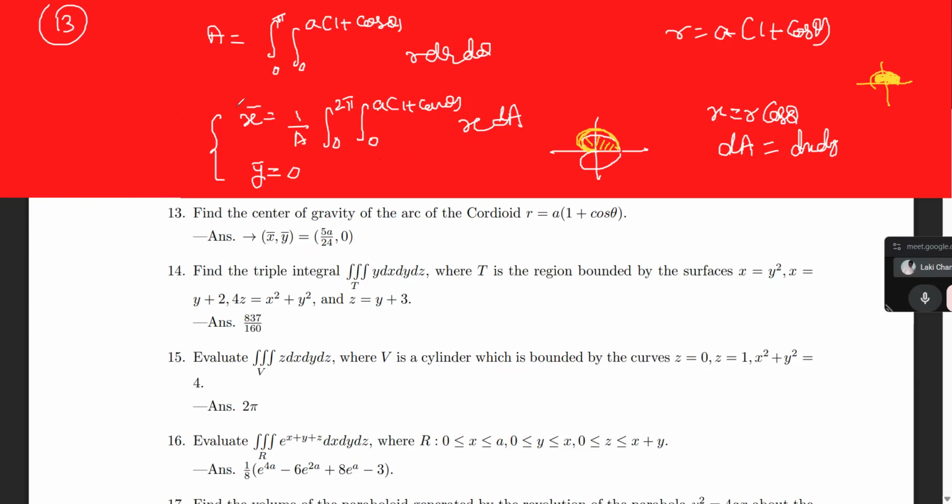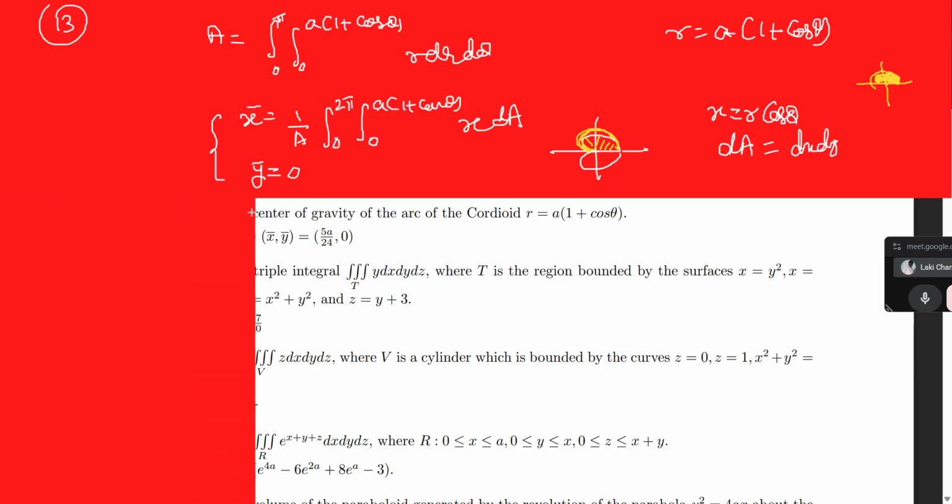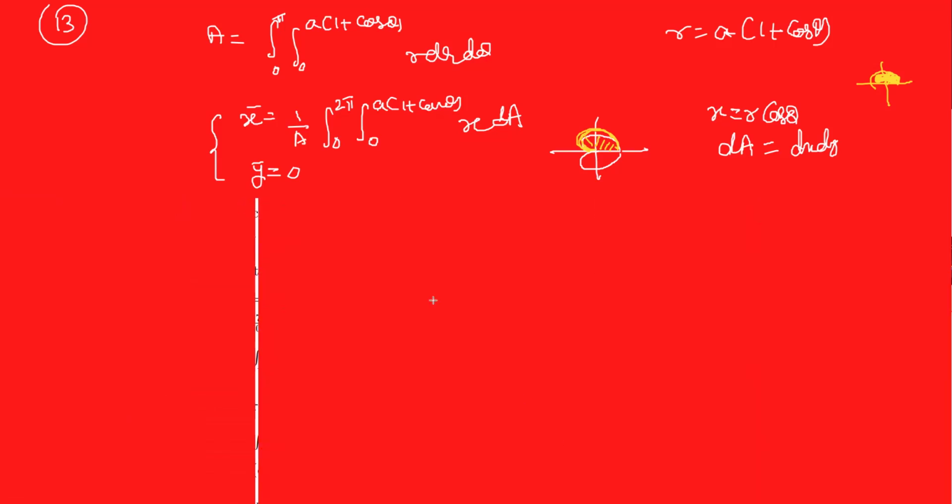What is the value of area? 3 pi square by 2. And what you are getting? 2a vector. Okay, let's check. Area is, actually, this is for a single part.